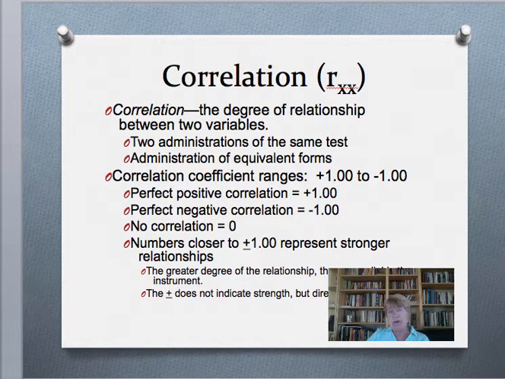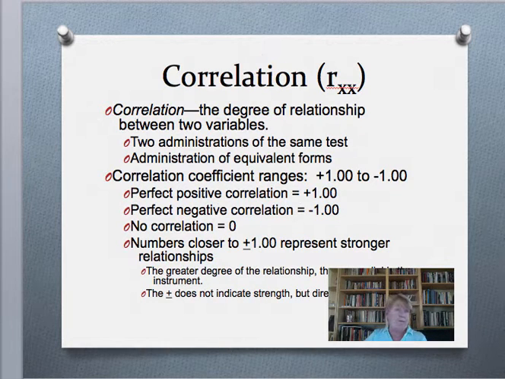And just to further illustrate what's positive and what's negative, a positive correlation suggests that the scores go together in the same kind of way. When a score on one thing rises, the score on the other thing rises as well.